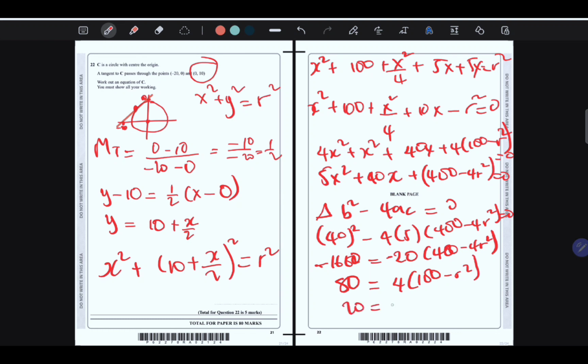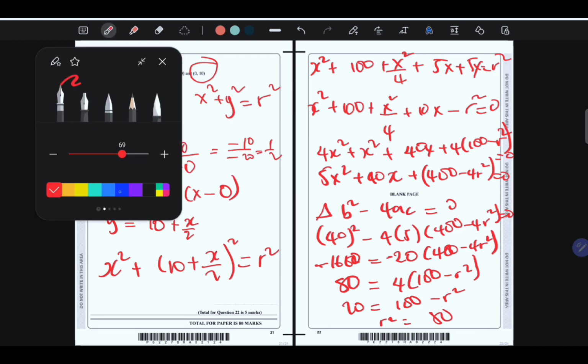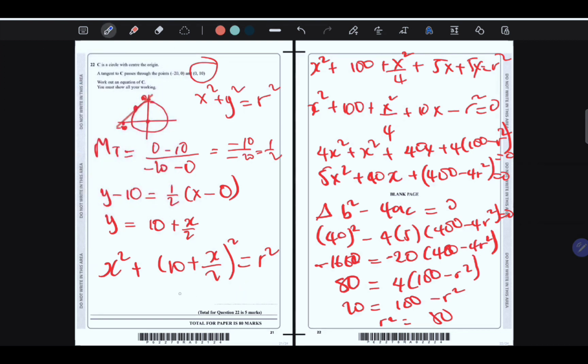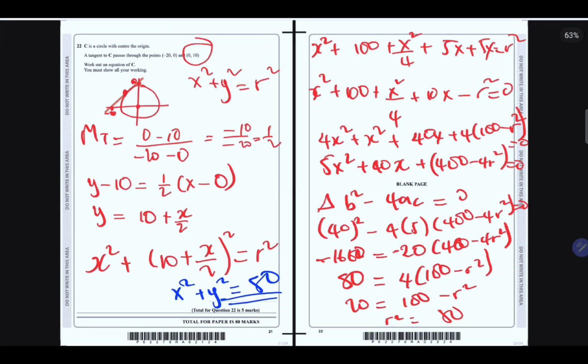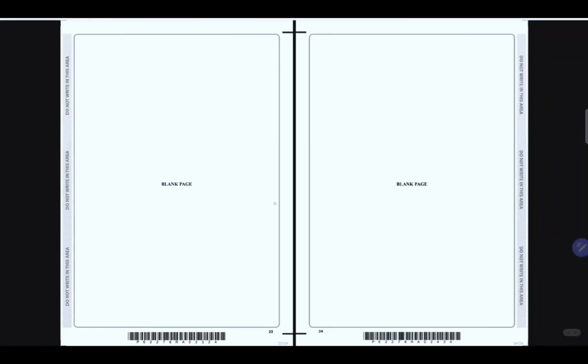This will be 20 equal to 100 minus r squared, and r squared is equal to 80. Okay, so now that gives us r squared, and we can go back and write the equation of our circle, and that would be x squared plus y squared equal to r squared, which is 80. And that does it. That's the last question.